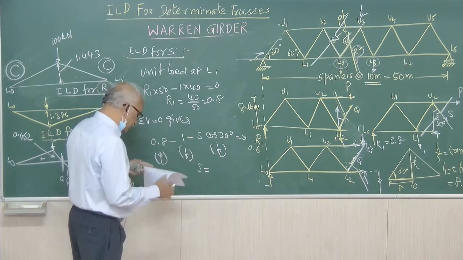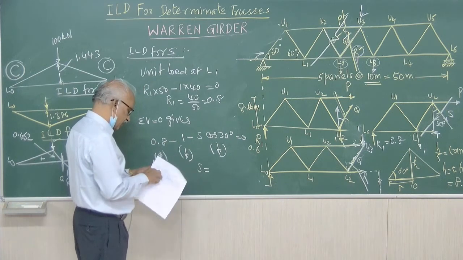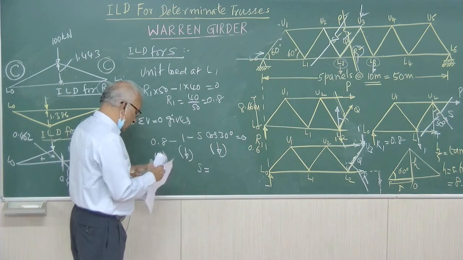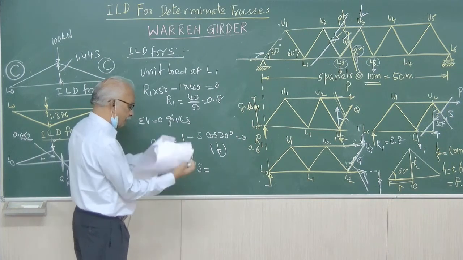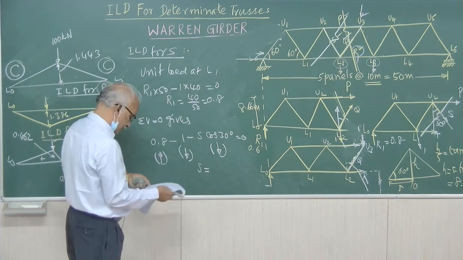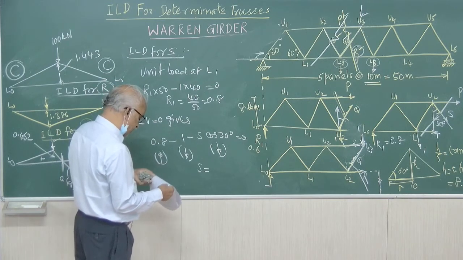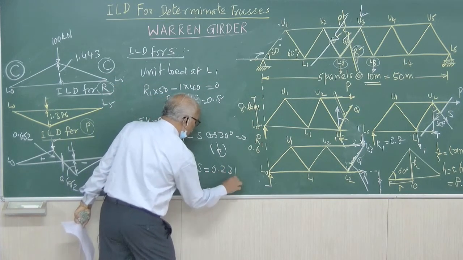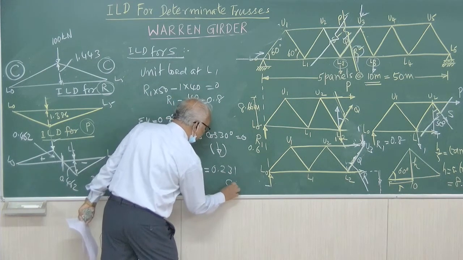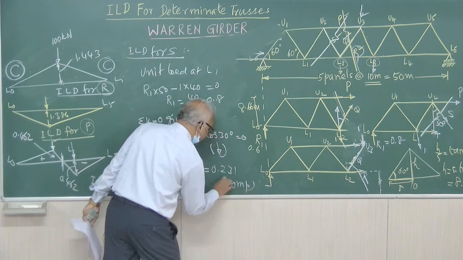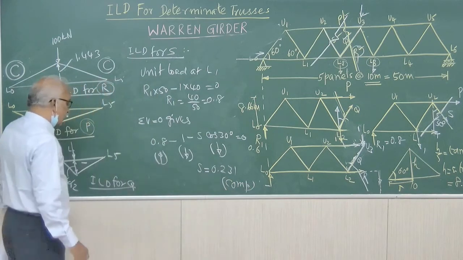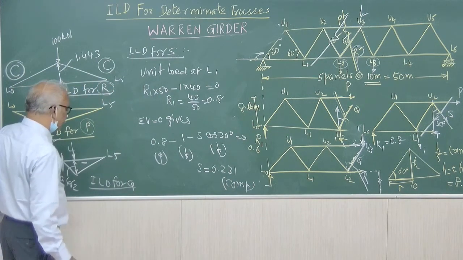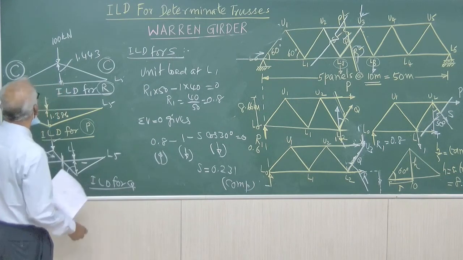On simplification, S equal to 0.231, 0.231 compression. We will be getting the value with the minus sign. Therefore, S will be under compression.